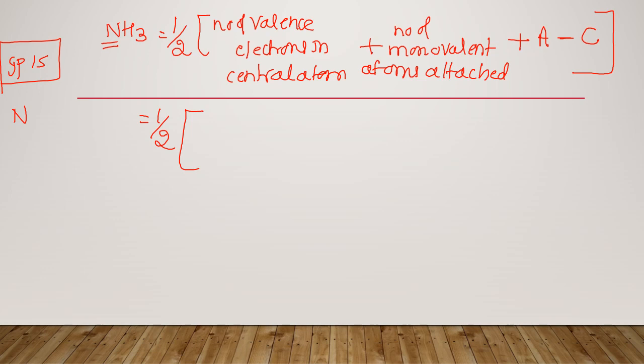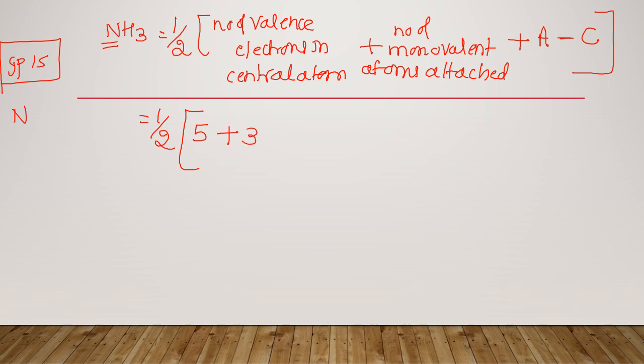So directly we can write number of valence electrons in the central atom is equal to 5, plus number of monovalent atoms attached to that central atom. Yes, in ammonia there are 3 hydrogen atoms. They are monovalent. What do you mean by monovalent? Monovalent means a single valency, because hydrogen comes under first group element. So valency is 1. Therefore, the number of monovalent atoms attached is total 3.